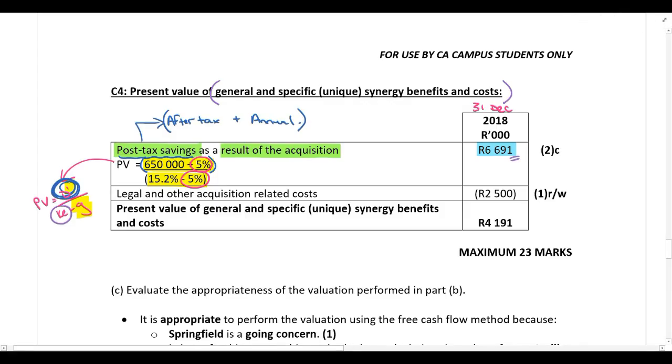That would be an inflow, so show that as a positive amount. And the legal and other acquisition costs will obviously be a cash outflow. And you were given the present value, so just include the present value. All right, so you can then add those together and calculate the present value of general and specific or unique synergy benefits and costs. And we need to include this in our calculation because we are calculating the maximum value.